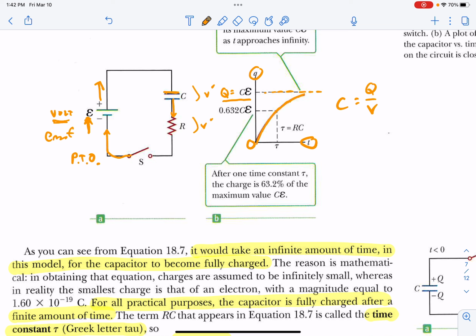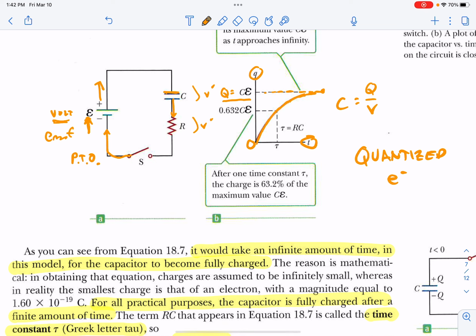Now, since we can't know when this line actually comes to this line, and since charge is quantized, meaning it has discrete chunks, which of course are electrons, and you can't have part of an electron. You have lots and lots of charges, and then the amount of charge becomes less and less and less and approaches 0.